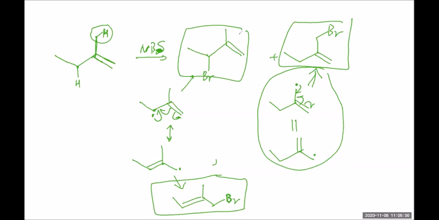Let's use different colors. With this alkene, which carbon is number one, by the way? It's the one on the right, where that pencil is. So number three was a bromine, number one was the alkene.